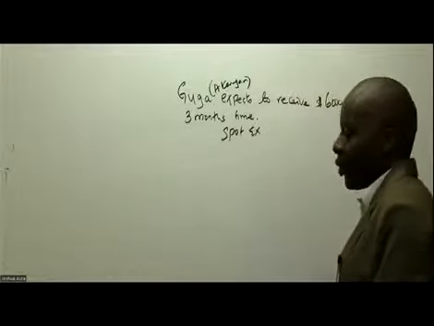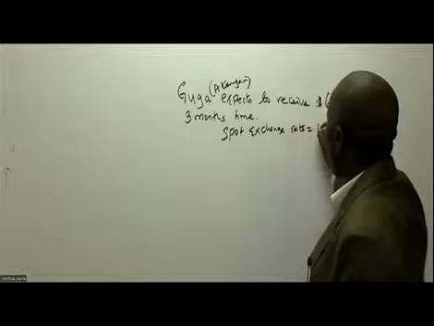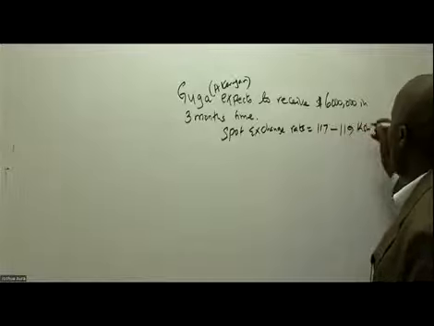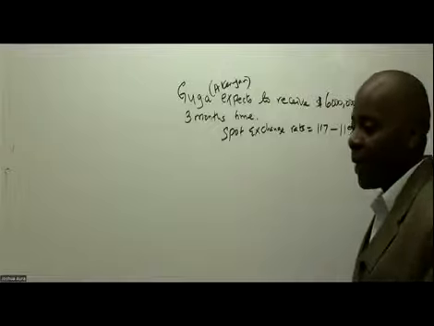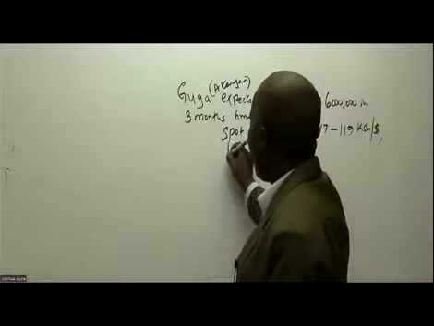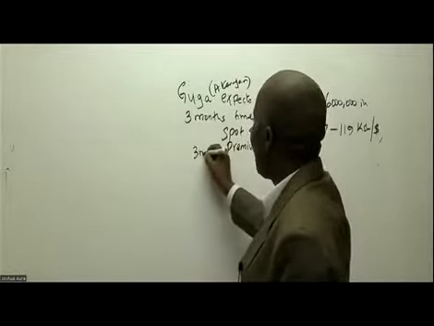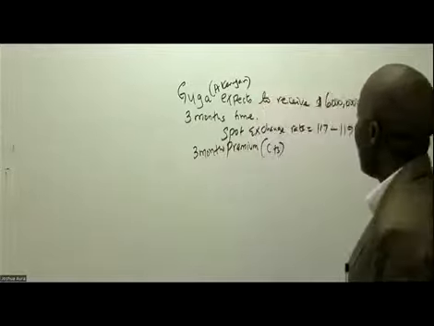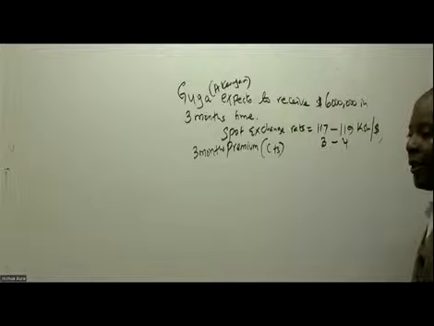The spot exchange rate is 117 to 119 Kenya shillings per dollar. Then they'll give us the premium, 3 months premium in cents: 3 to 4.